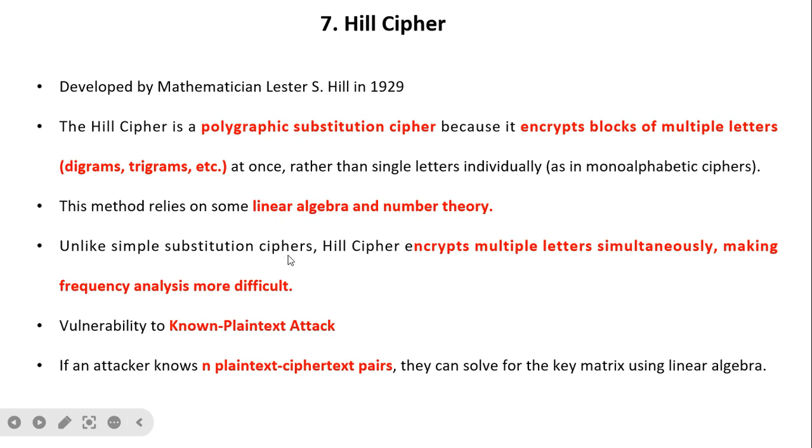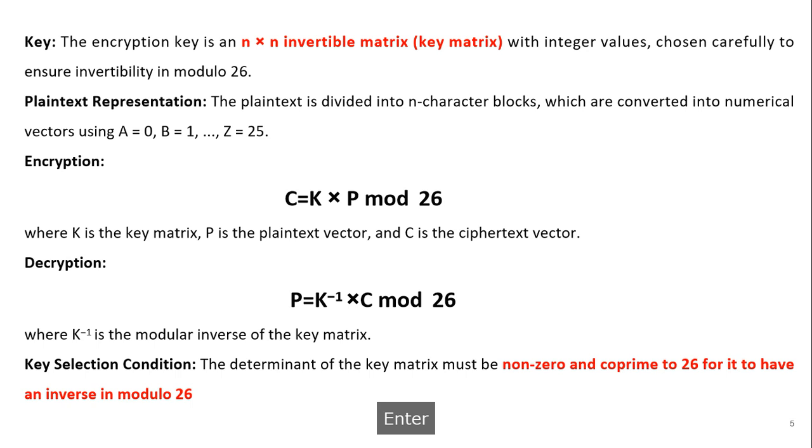Unlike a simple substitution cipher, the Hill cipher encrypts multiple letters simultaneously, making frequency analysis more difficult for the attacker. But it is vulnerable to a known plaintext attack. If an attacker knows n plaintext-ciphertext pairs, they can solve for the key matrix using linear algebra.